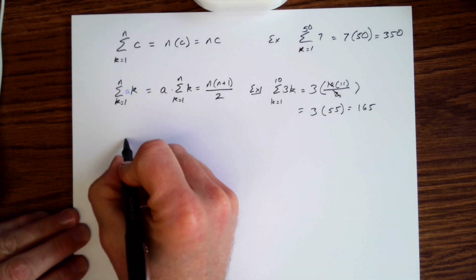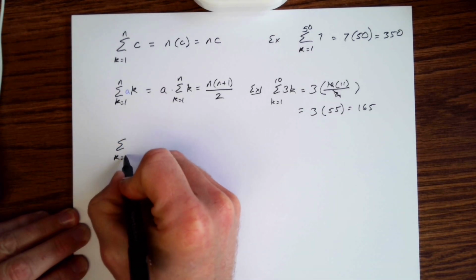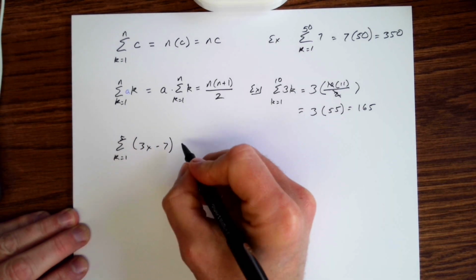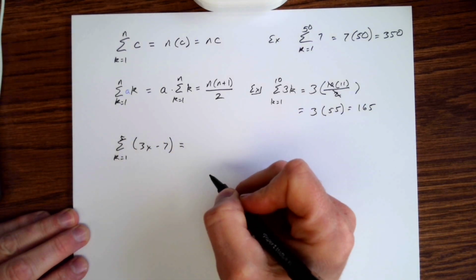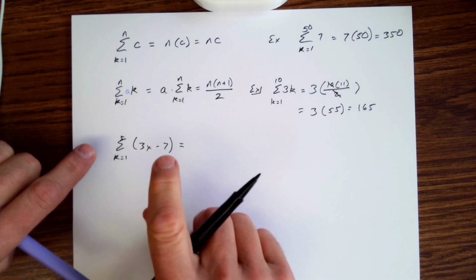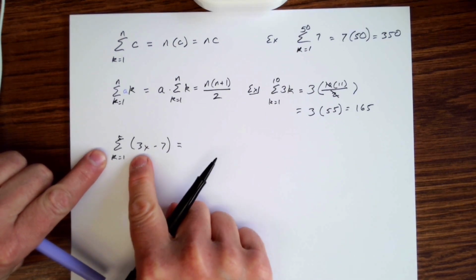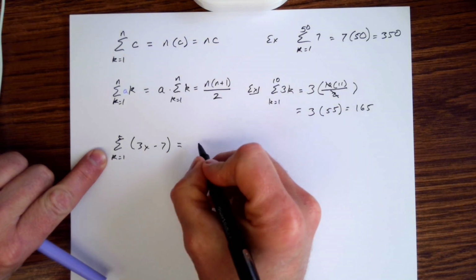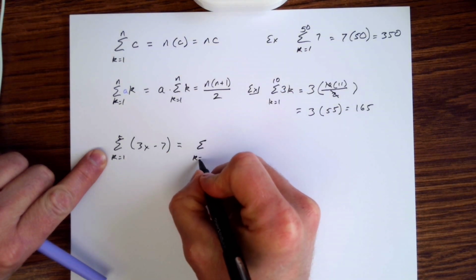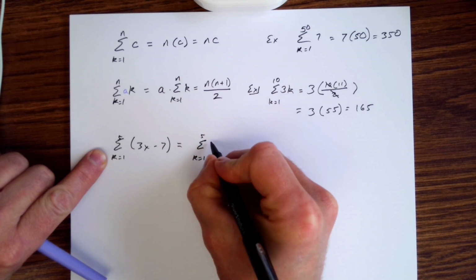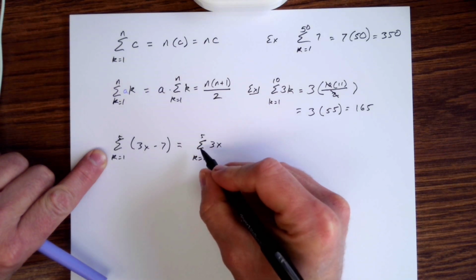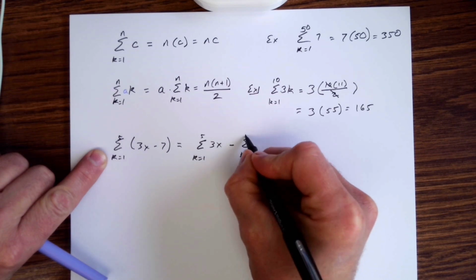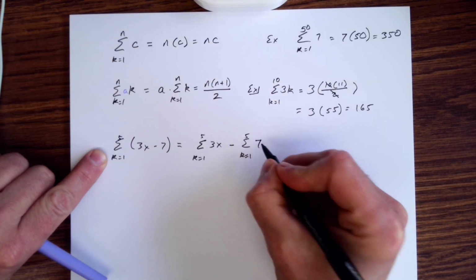Like on the previous example, I was doing the summation from k equals 1 to 5 of 3x minus 7, right? If we're going to split this up, we're splitting it into 2 pieces, the linear piece and the constant piece, and we put a minus sign between them. So we're doing the summation from k equals 1 to 5 of 3x, which we would treat as 3 times that sum, minus the summation from k equals 1 to 5 of 7.